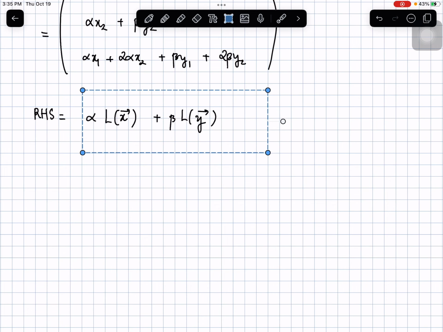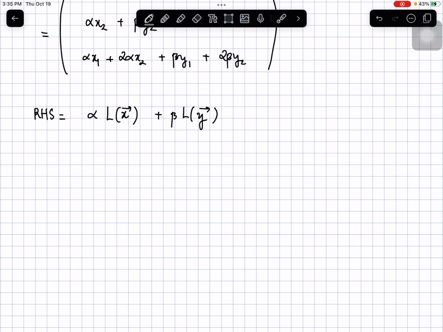We have alpha times L of x1, x2, plus beta times L of y1, y2.